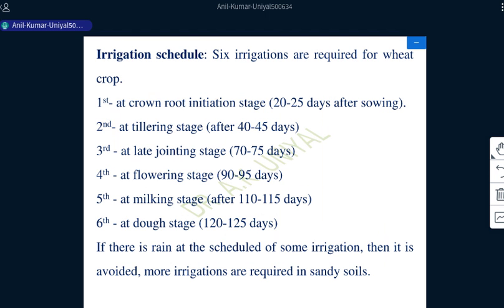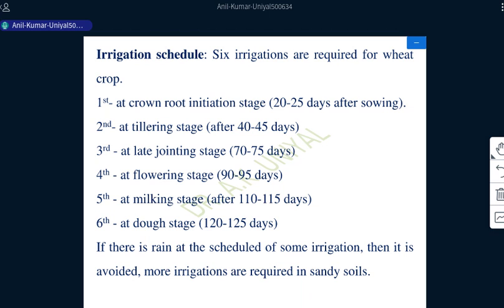Next we have the irrigation schedule. Irrigation in wheat is divided into six timings. The first is applied at crown root initiation stage, around 20 to 25 days after sowing. The second irrigation is at tillering stage, around 40 to 45 days after sowing.